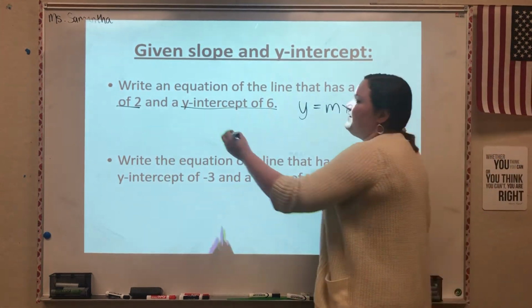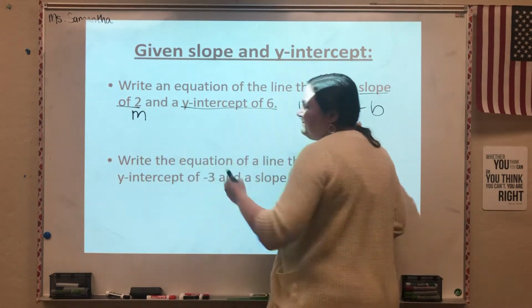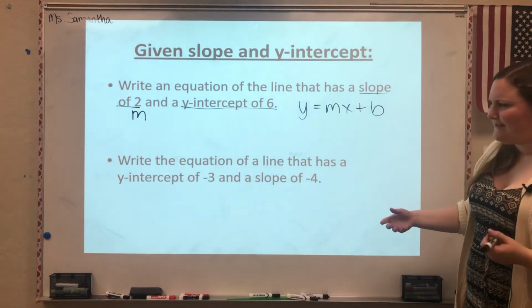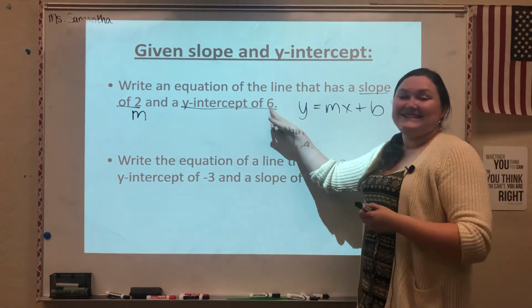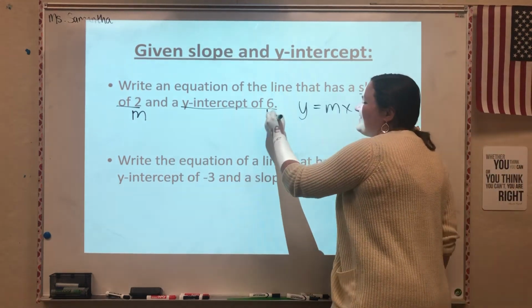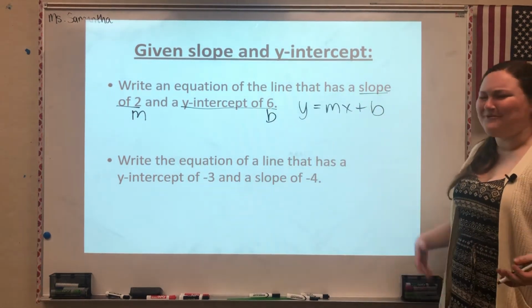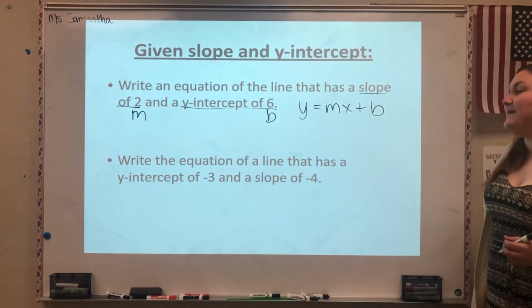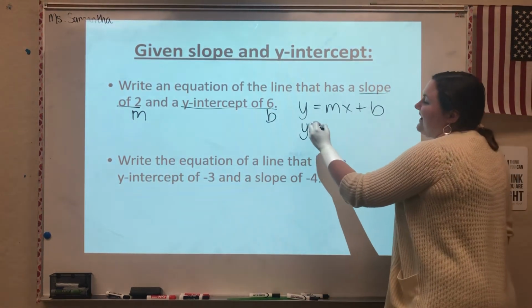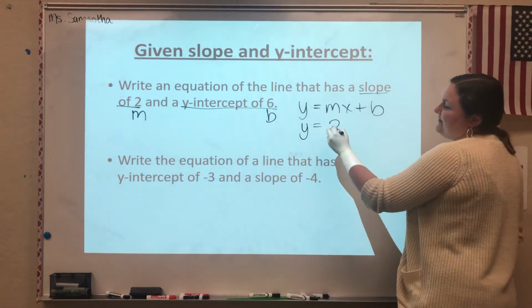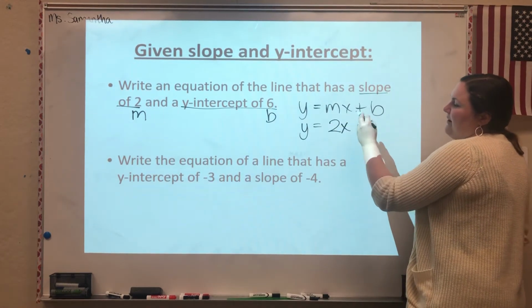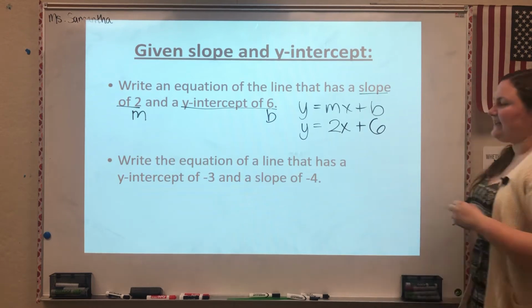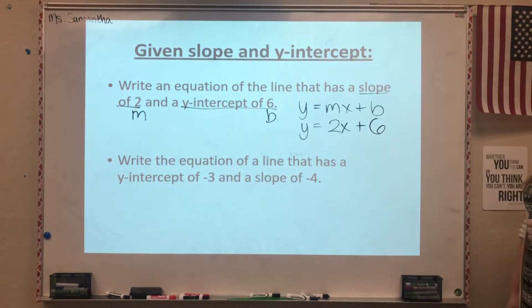Slope is 2, so I can label my 2 with an m, since we use m for slope for whatever reason. And then your y-intercept, it says a 6, so we could label that with a b, since b is what we use for y-intercept. Doing that just helps you make sure you get the numbers in the right spot. So our equation would be y equals, my slope is 2, and my y-intercept is 6. So y equals 2x plus 6.